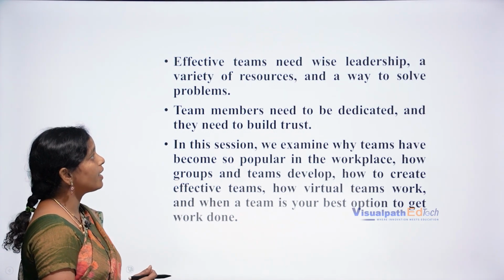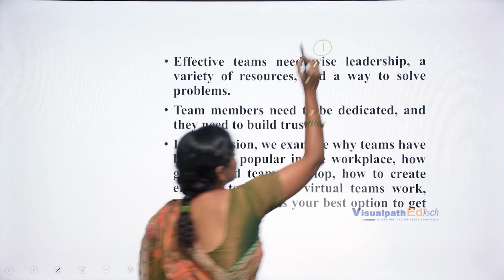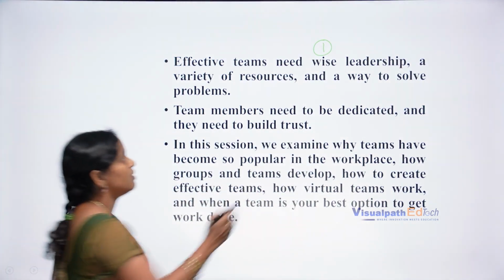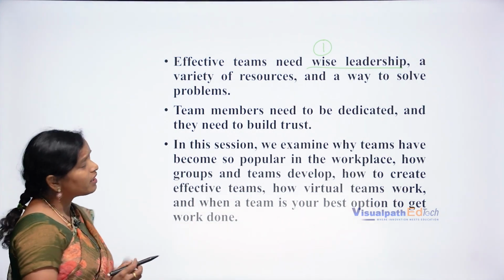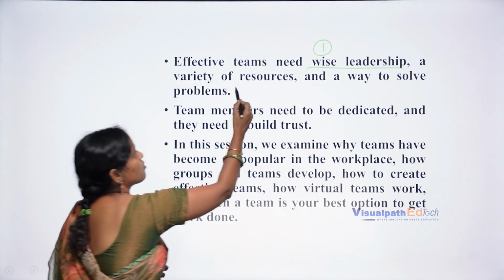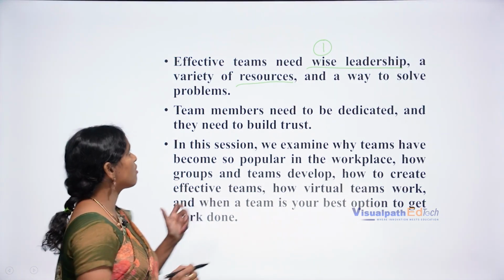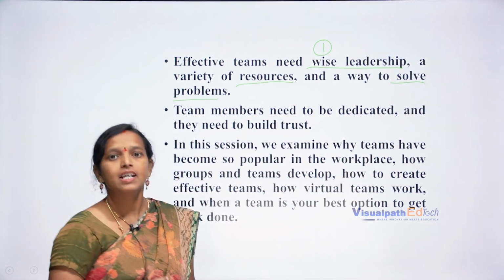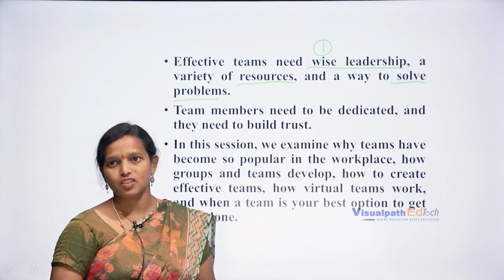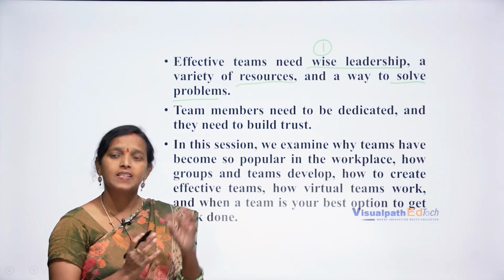Effective teams need wise leadership. That is the first condition. They also need a variety of resources, good and adequate resources. To solve problems, they need abilities, competencies, intelligence, efficiency, or expertise in the subject.